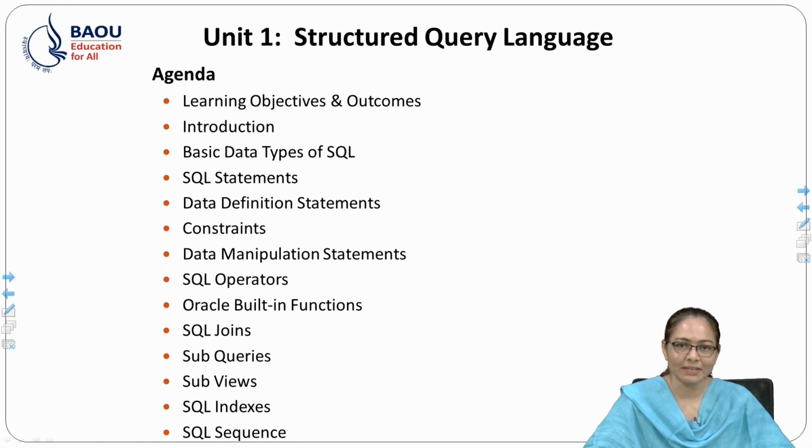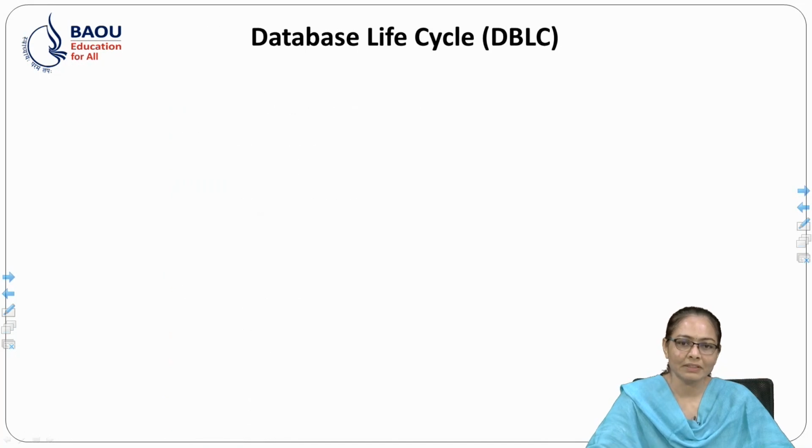After learning this unit, you will be able to get knowledge about SQL and its process architecture, and learn about the various types of SQL statements, SQL operators and functions, joins and subqueries, etc. The student will be able to write queries to retrieve data from the table as per their requirements and understand all the basic commands of SQL. In short, you will get all the things of Structured Query Language, that is SQL. Now we will start with the introduction.